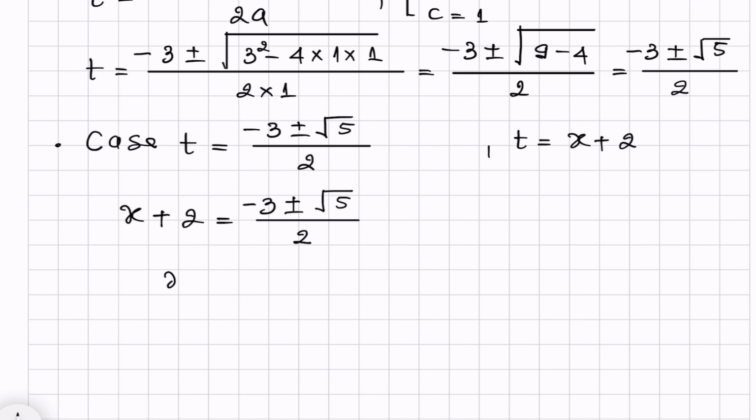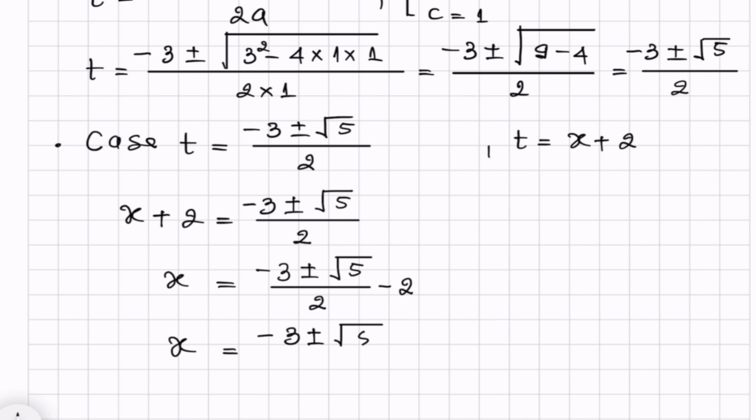Then x equal to (minus 3 plus or minus square root of 5) over 2, and then minus 2. X equal to (minus 3 plus or minus square root of 5, and then minus 4) divided by 2. Then we will get (minus 7 plus or minus square root of 5) over 2.